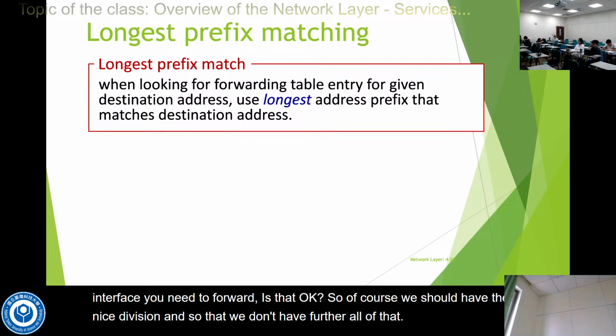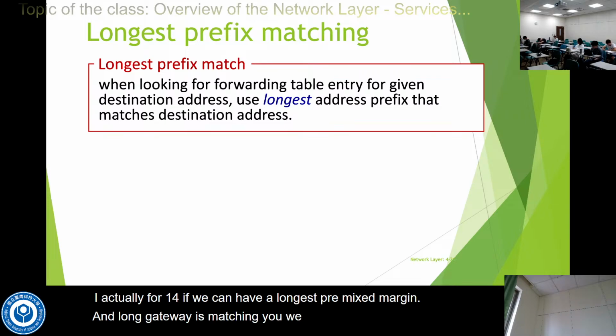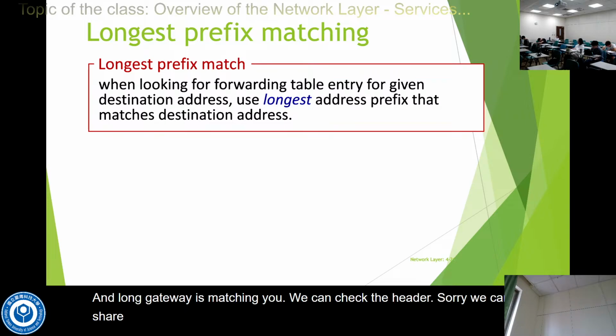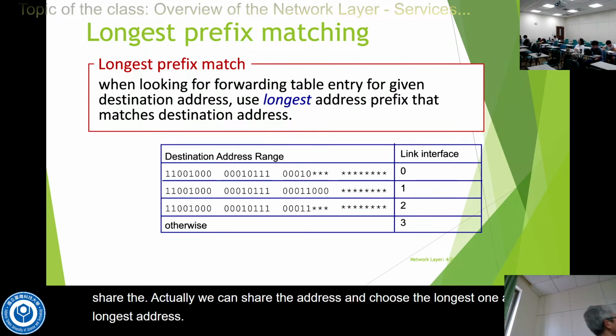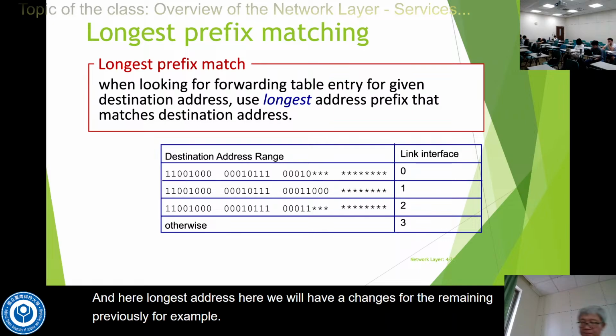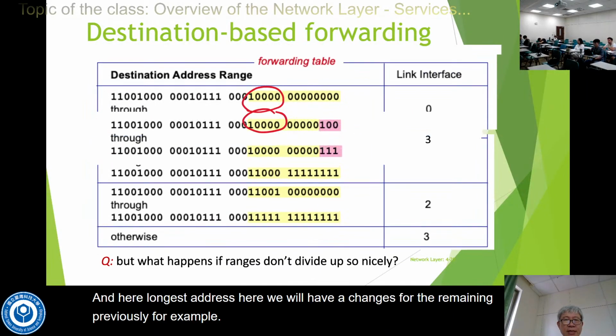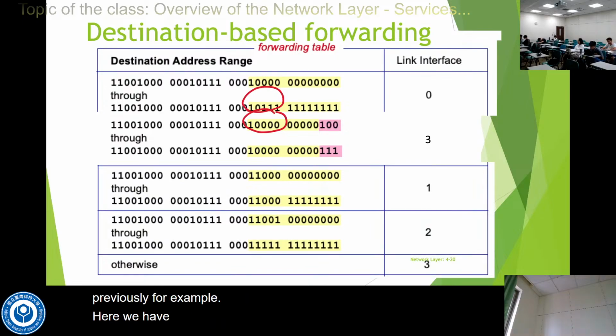And actually for forwarding, in fact, we can use longest prefix matching. With longest prefix matching, we can check the header, check the address, and choose the longest match. Here we have addresses marked in this color.